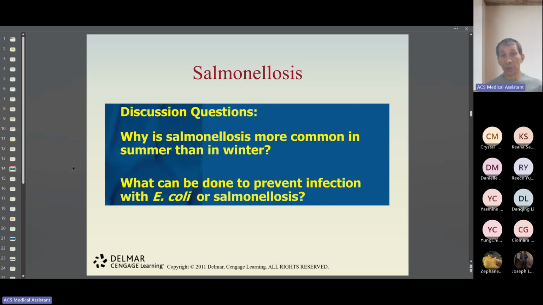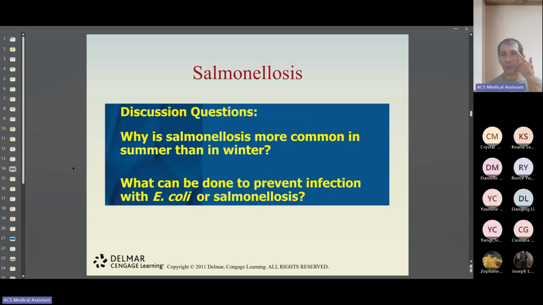So that is the reason why salmonellosis is more prevalent during summertime. Wintertime kind of slows down certain conditions because the microorganisms do not move fast in a cold temperature. They do not reproduce, they do not multiply as fast as they do during summertime.